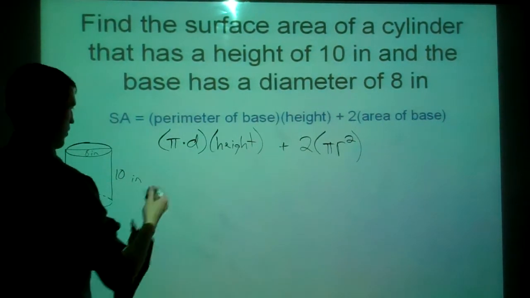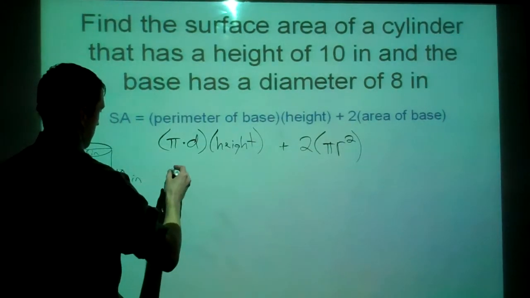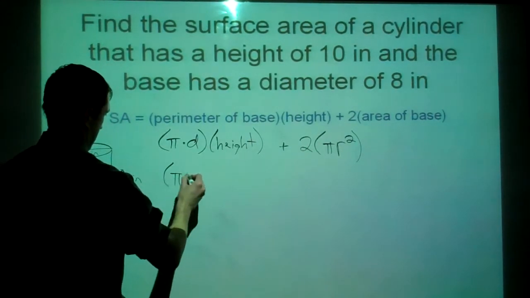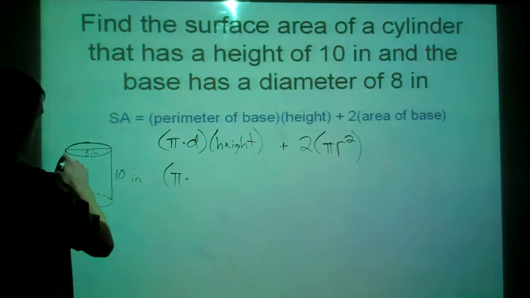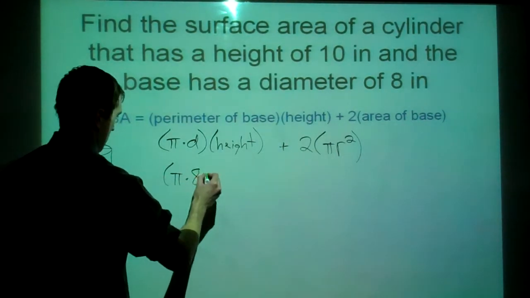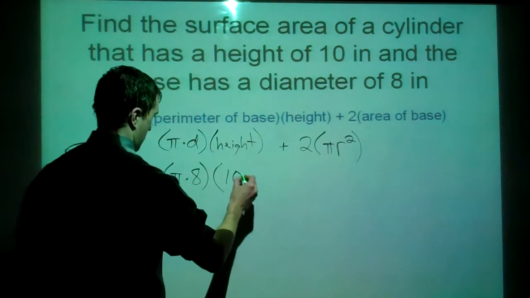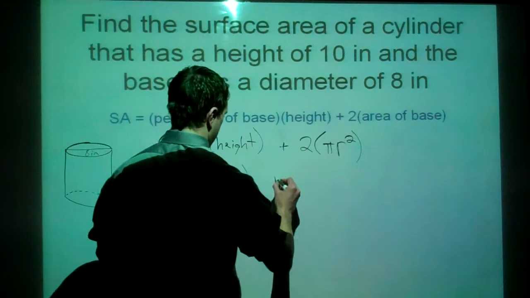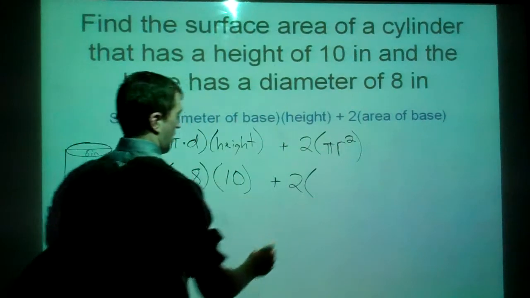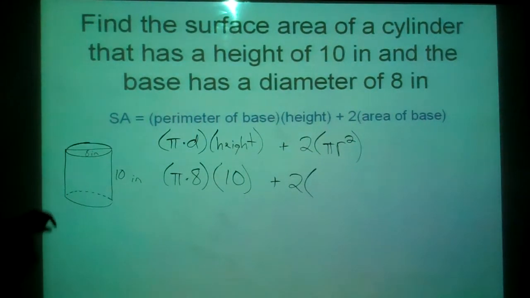So let's take a look at what we have here. We're going to use pi times our diameter, which is 8, times our height, which is 10, plus 2 times our radius squared times pi.